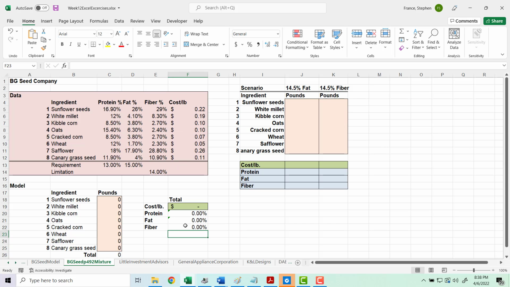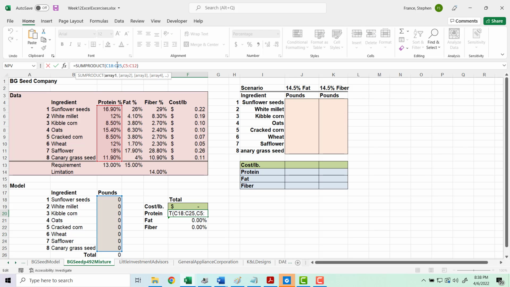We just want to check these equations. So we can see pounds times protein, pounds times fat, pounds times fiber, and our objective function is pounds times cost.